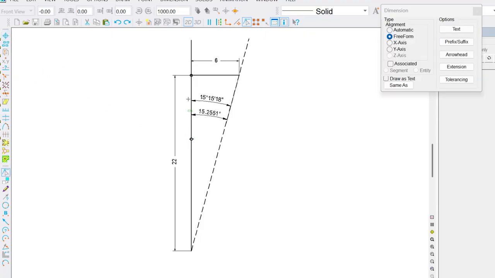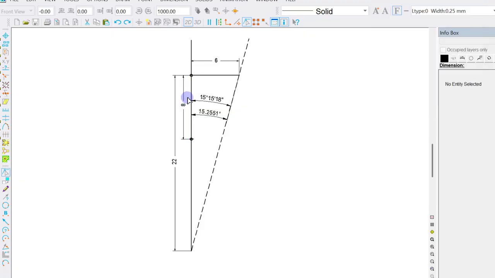I think that's the right one, right? 6, 8, 10, right? And then you swing your arc at 10. And then this one swung at 8.